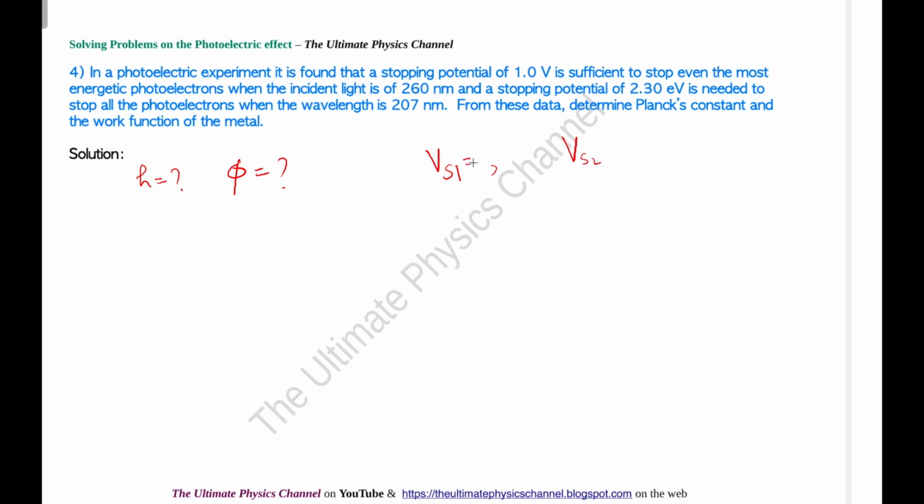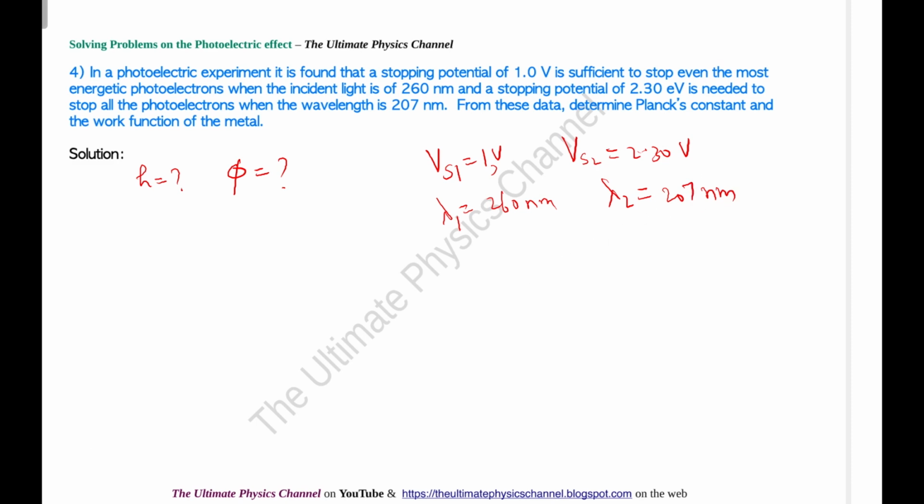Now V S 1 is given as 1 volt, V S 2 is given as 2.30 volt, right? And then we have lambda. First case lambda is lambda 1, and that is 260 nanometers. Second case lambda, let's call that lambda 2, that is 207 nanometers.